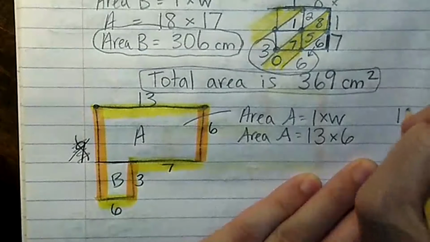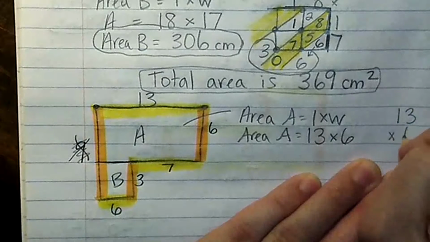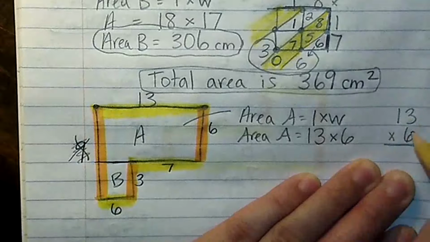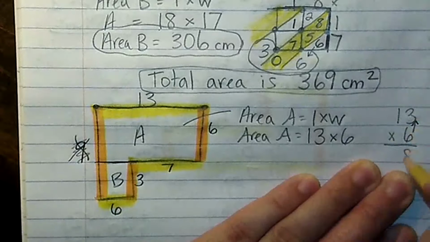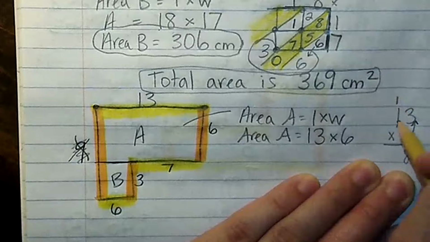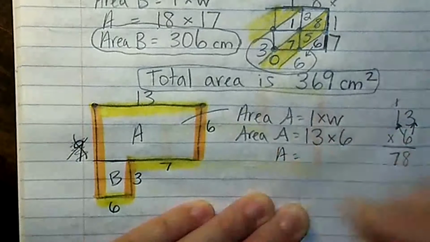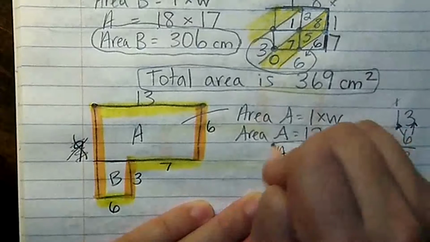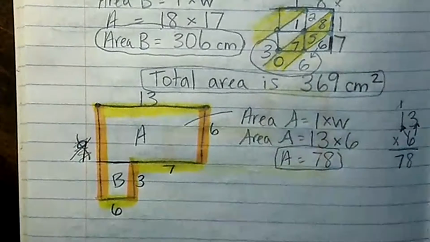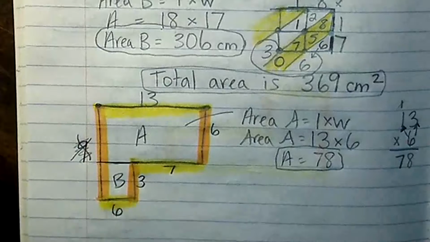Let's check using standard algorithm. 13 times 6. We do 6 times 3. We get 18. And then we do 6 times 1. We get 6, 7. Area A equals 78. Now I'm almost done, but I have to find area B too.